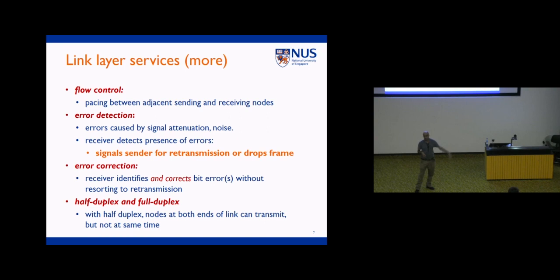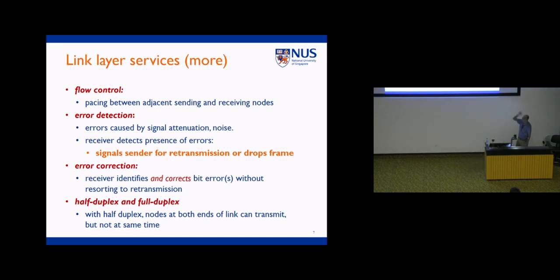You don't have to retransmit the data. Just by looking at some extra bits and so on, I will be able to correct it. So that's error correction. We can do it, but it involves additional overhead. So most of the time, we usually do not do error correction. It's just error detection, but people have figured out how to do error correction also.